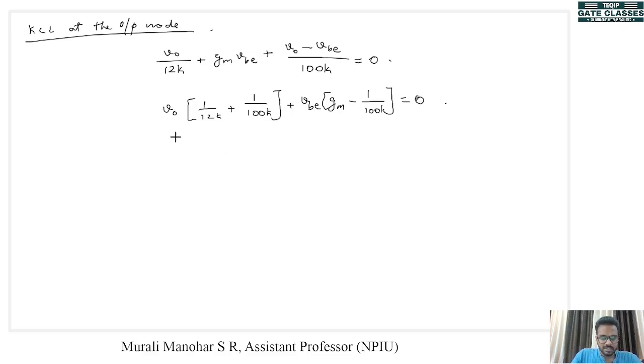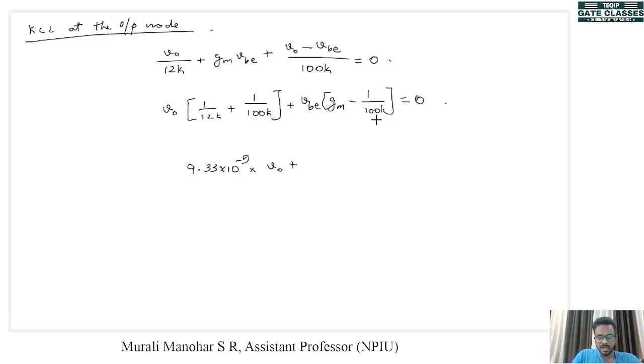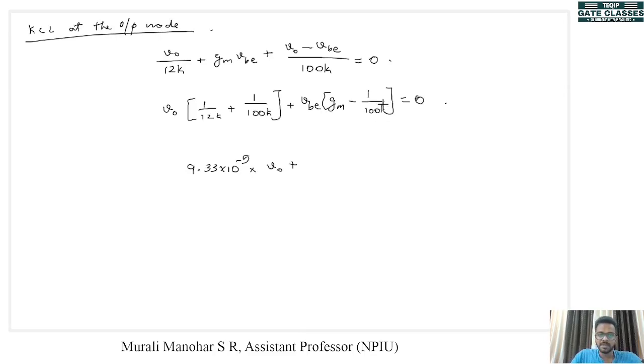If you do this calculation, it will give us 9.33 into 10 to the power minus 5 into V out plus, we know GM is 0.04 and 1 by 100k is 1 into 10 to the power minus 5. If you subtract that from 0.04, there is not going to be much change. So this becomes 0.04 into VB, equal to 0.